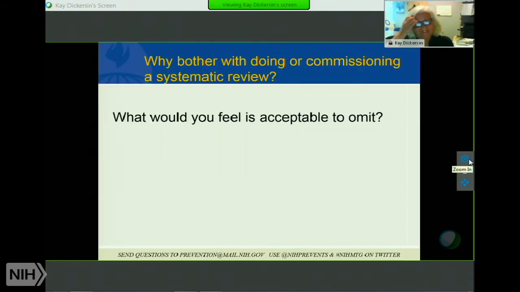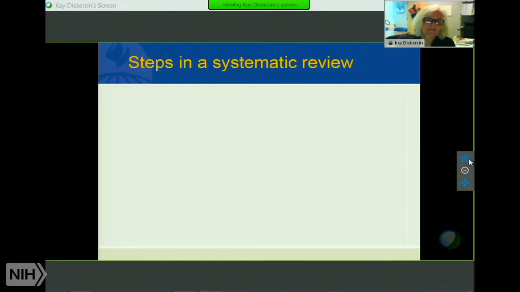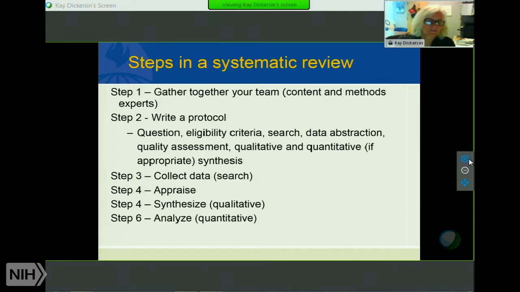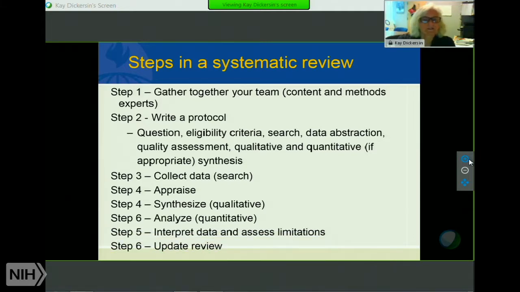So if you want to bother with doing a systematic review, or you want to do a shorter version, which step would you omit? That's the question. So remember, we have these steps where I got the numbering all wrong, but they still are. I've shortened them from how long they really take, but which step would you omit?